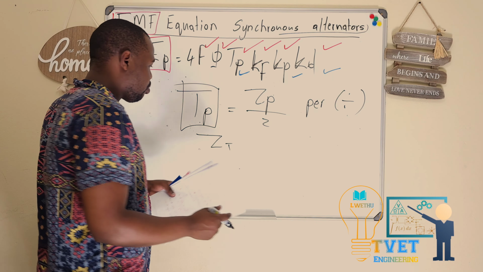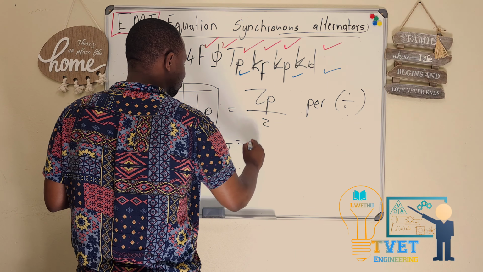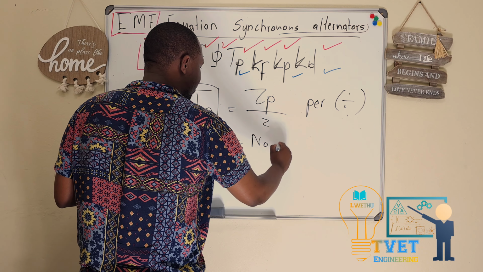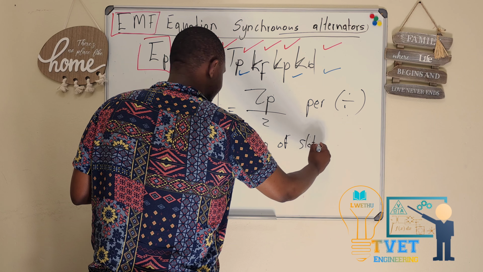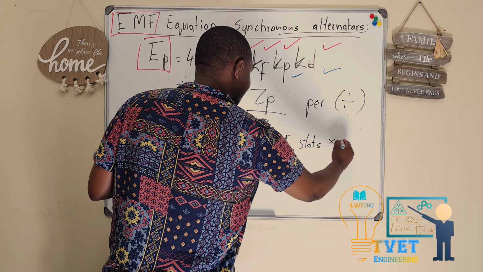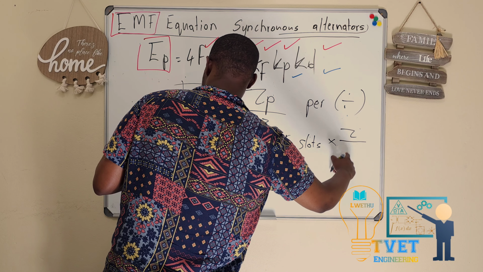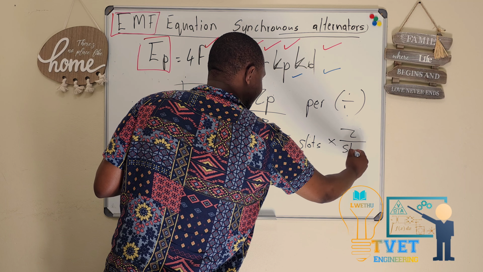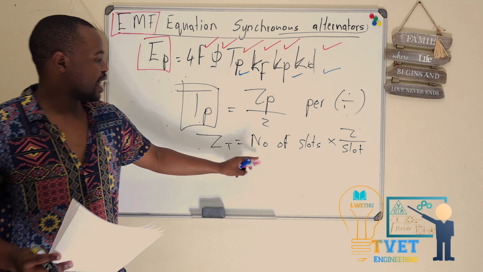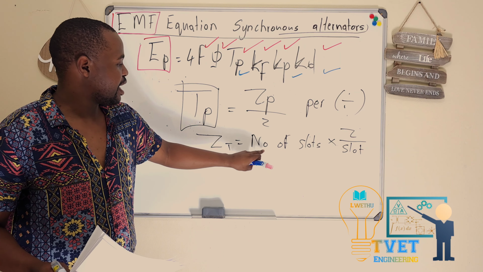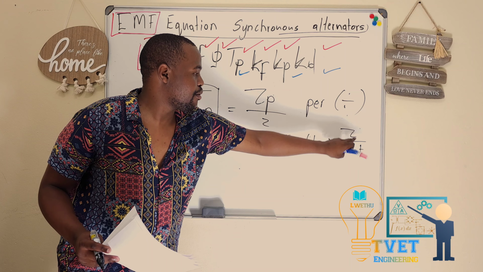You can use this formula where Zt is equal to the number of slots times the number of conductors per slot. Why are we saying number of slots times number of conductors per slot?